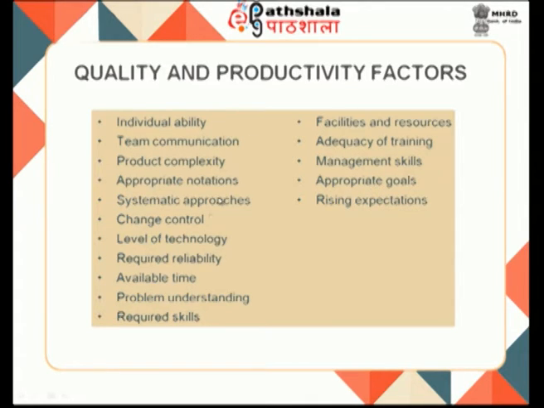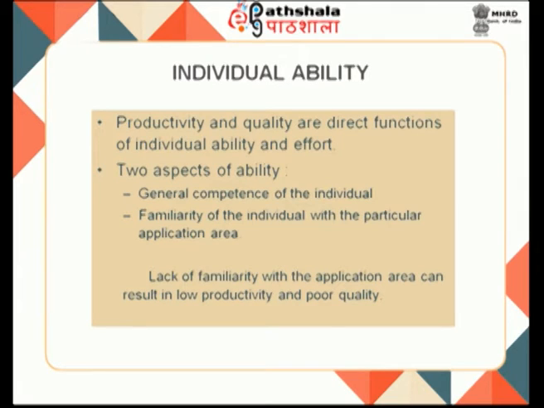Some of these we looked at in the beginning are management principles. Looking at individual ability, productivity and quality are direct functions of individual ability and effort. There are two aspects of ability: general competence of the individual, and familiarity of the individual with the particular application area. A lack of familiarity with the application area can result in low productivity and poor quality.